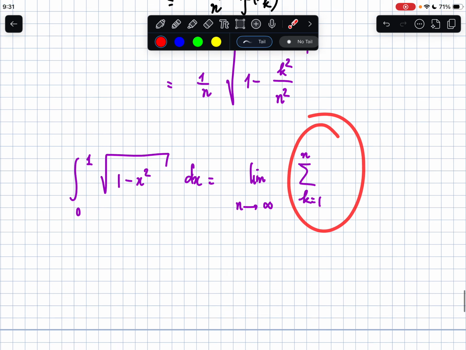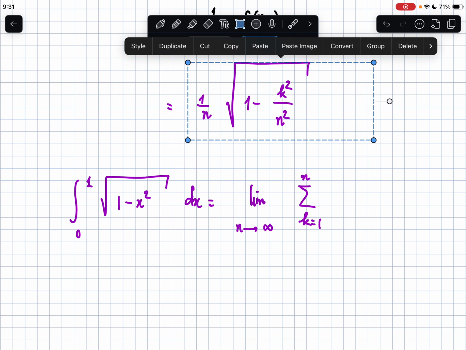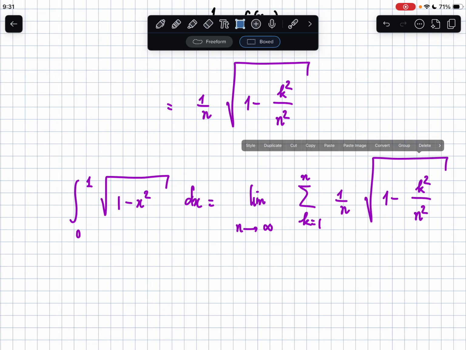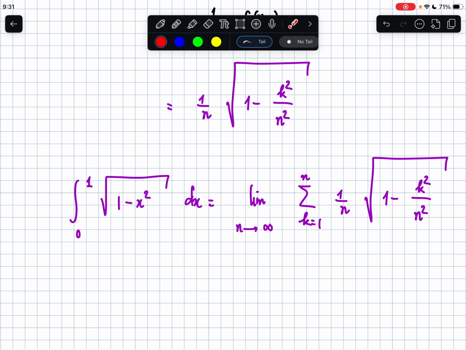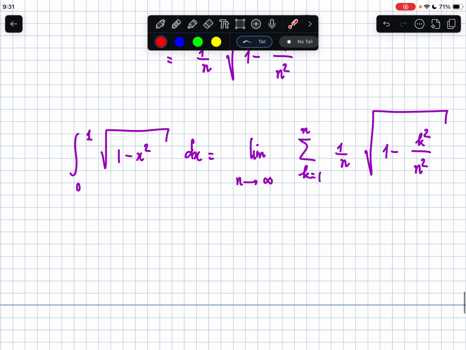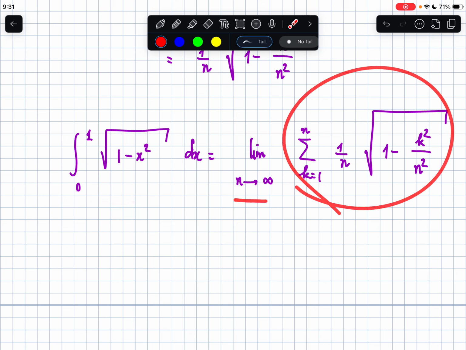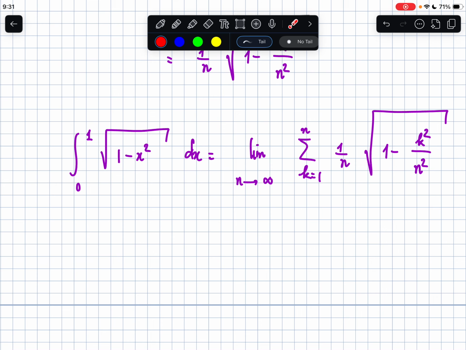N rectangles, each of area given by this. So this is the limit of the Riemann sum that we want to write down. The integral from 0 to 1 of the square root of 1 minus x squared dx is the limit of this summation. And this is the answer for question A. And again, by question B, we know that this is pi divided by 4.